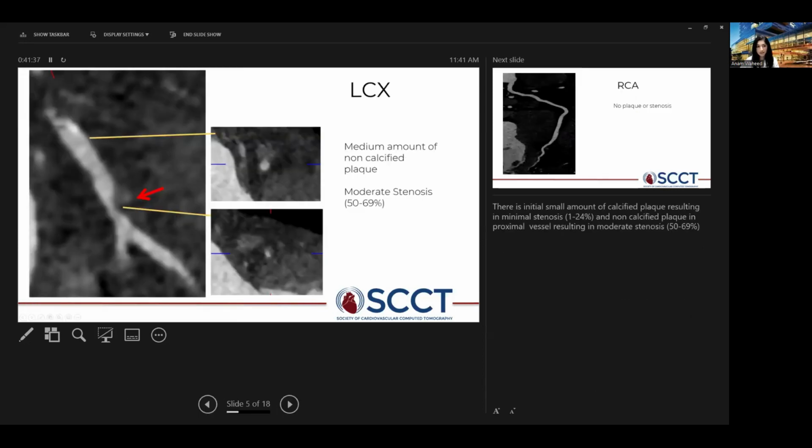This is a representative view of the patient's left circumflex showing a medium amount of non-calcified plaque in the proximal vessel, resulting in what looks like moderate stenosis. And this is confirmed by looking at the two comparative cross-sectional views. This is taken proximal to the stenosis, and this is taken at the level of the most severe stenosis, confirming about 50 to 69% reduction, confirming moderate stenosis.